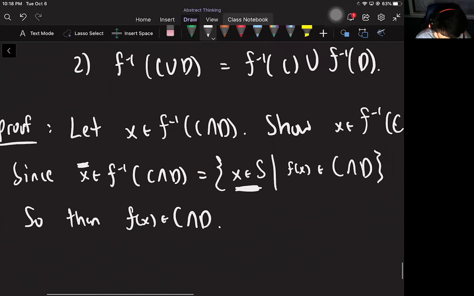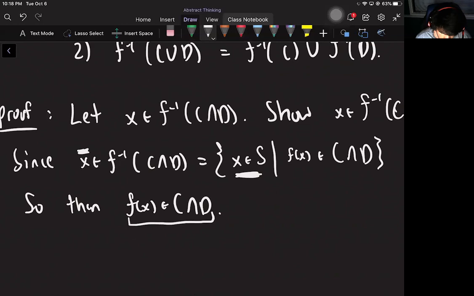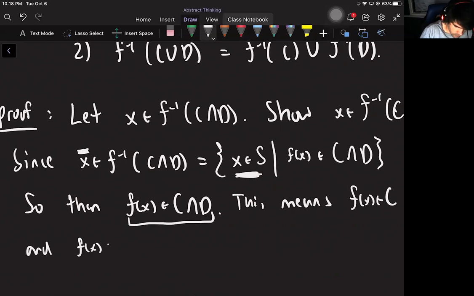So what can I do next? Well, now I know f of X is in an intersection. So you sort of just trust that things are going to work out by saying what that tells you and hoping that information helps you later. And it will. So because it's in an intersection, that means it's in both of them. And how does that help us?